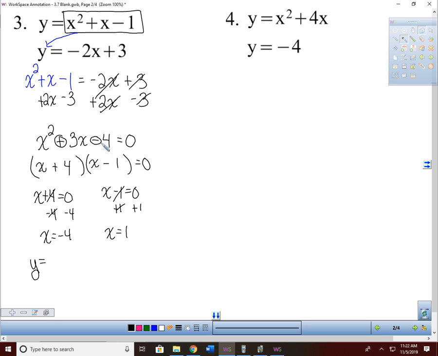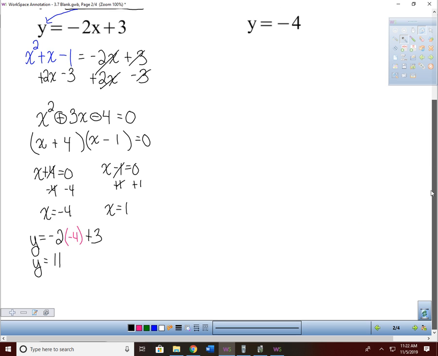So I have y equals, and then in place of this x right here, I'm just going to plug in negative 4. So that gives me negative 2 times negative 4 plus 3. You can plug that into your calculator. You can do it by hand. That gives you a y value of 11. So that means they cross when x is negative 4 and y is 11. So that's one point of intersection.